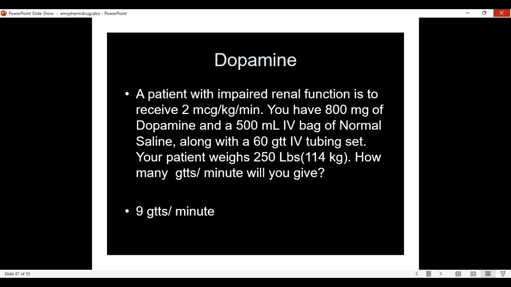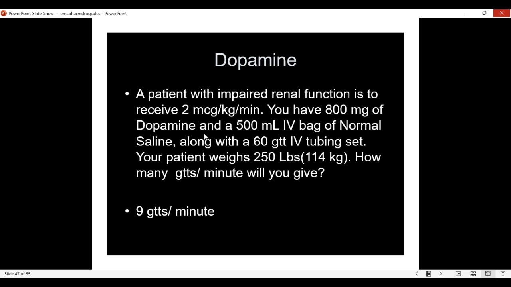And then we're going to divide that by our concentration, which in this case is going to be 1,600, which gives us 8.55 or 9 drops a minute, right?